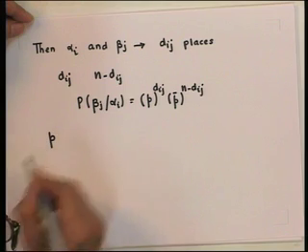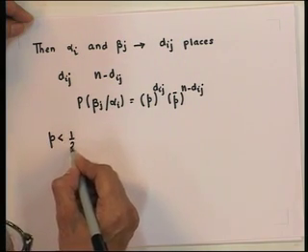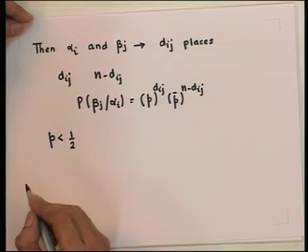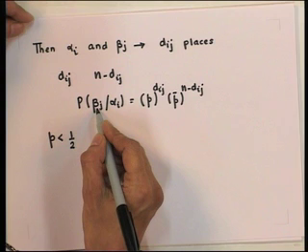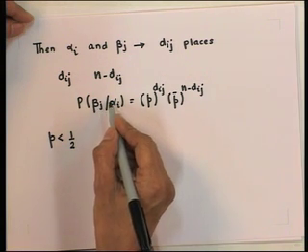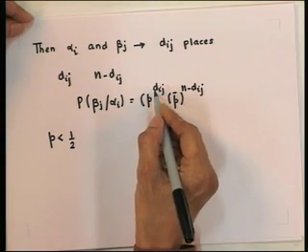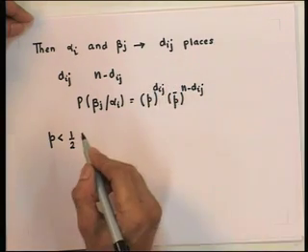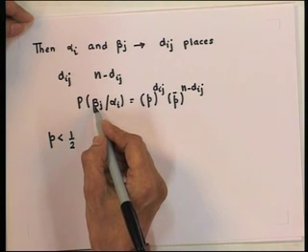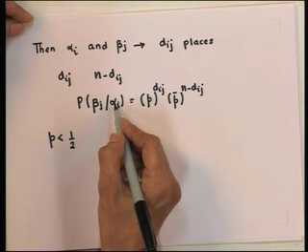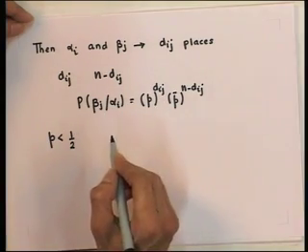For p less than half, the only case of any interest, probability of beta j given alpha i decreases with increasing dij. The further beta j is from the transmitted binary sequence, the less likely it is to be received.